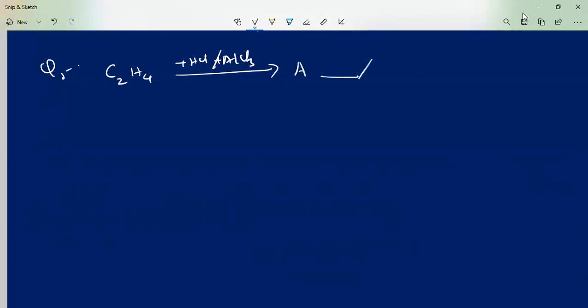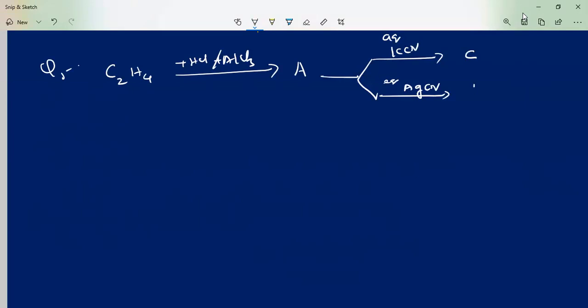That A is further treated in 2 different ways. One method is reaction with aqueous ethanolic KCN. Another is aqueous ethanolic AgCN.